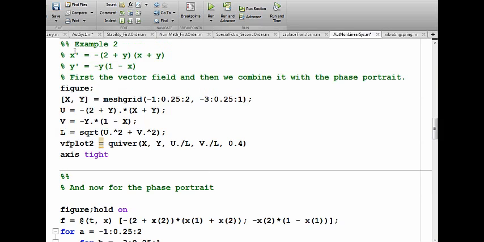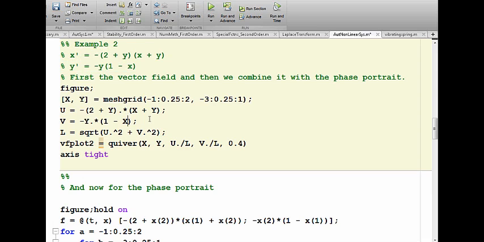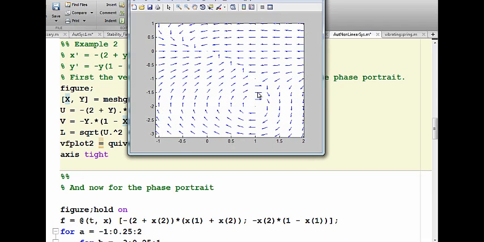Now for the second example, we'll go through this a little bit more quickly. There's our nonlinear system, and the vector field for that system looks as follows. So what do we got here? Looks like a spiral point here, and maybe a saddle point here, and perhaps an asymptotically stable node over here.